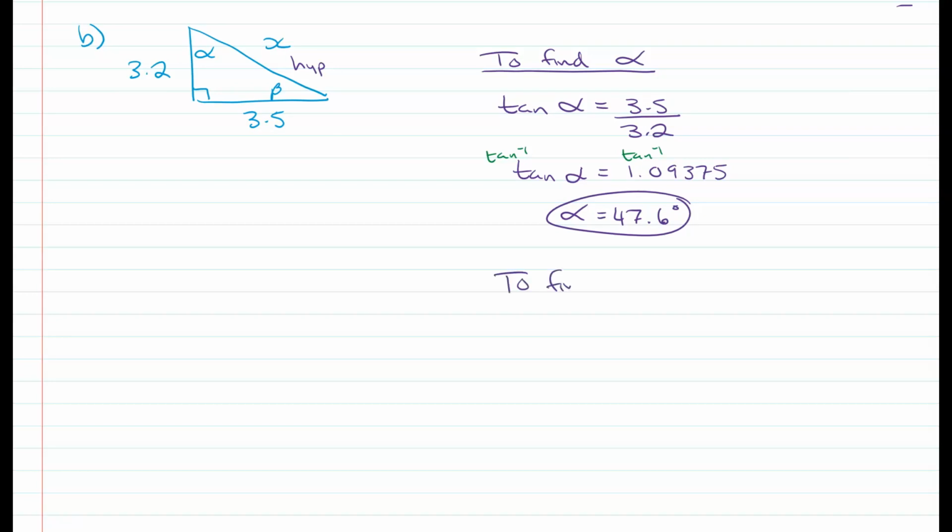Now I'm going to try to find beta. Label the triangle. What sides do I have? I have the opposite and the adjacent again. So I'm going to use tangent again.